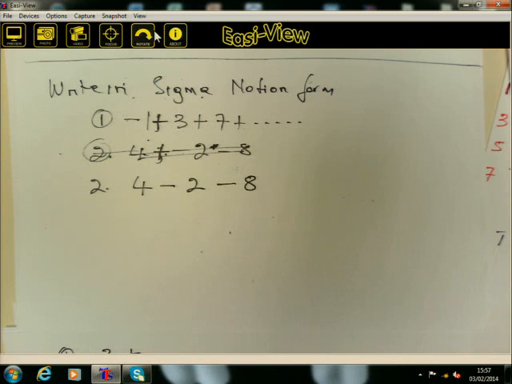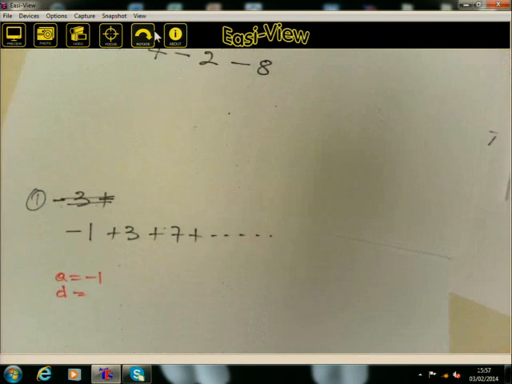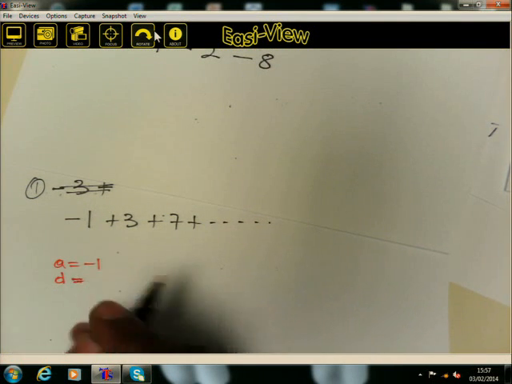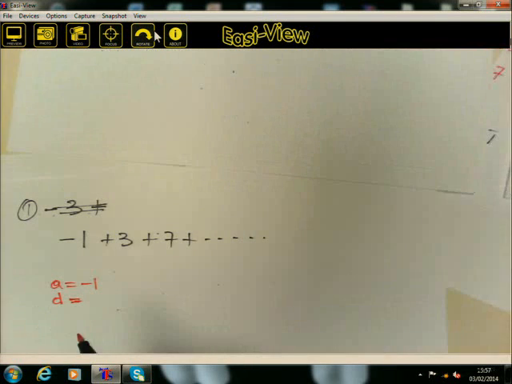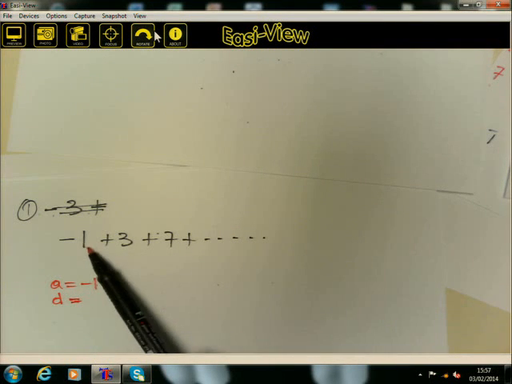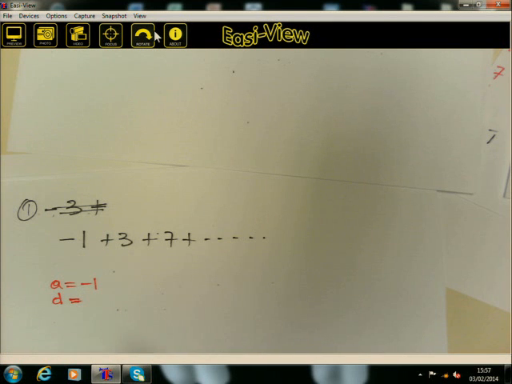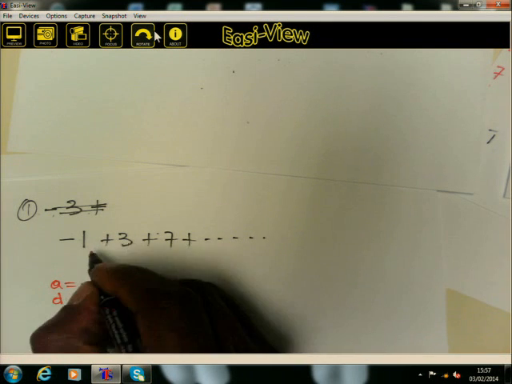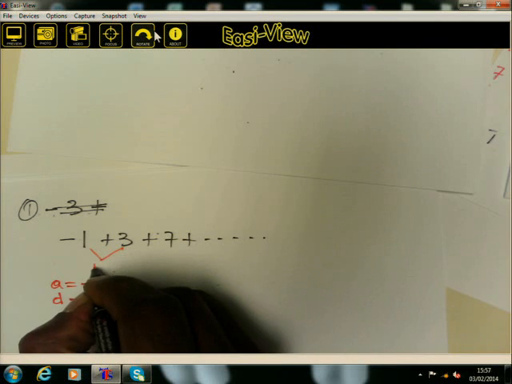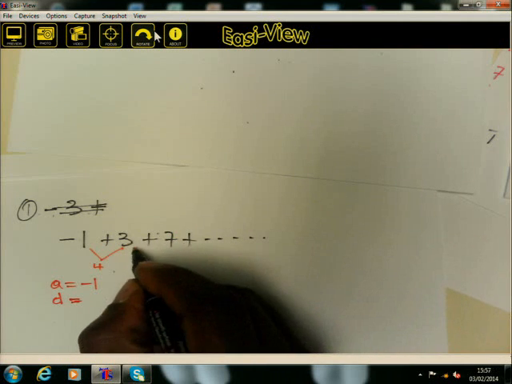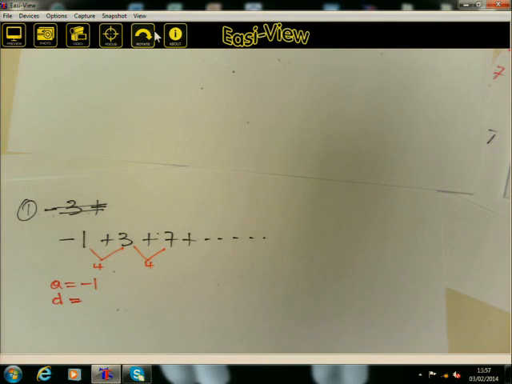D is equal to 3 minus 1, which is 4. In other words, here the difference is 4. 7 minus 3, the difference there is 4. Then we can continue to get the general term, because we have realized it is arithmetic.